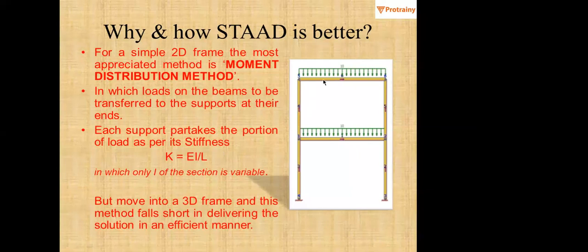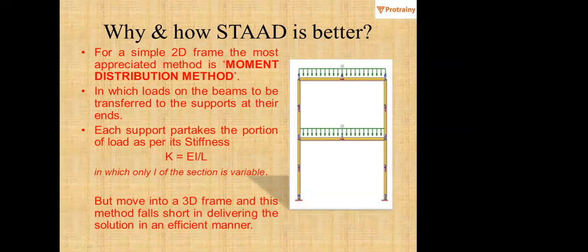You can transfer half of this load here, half of this load here, depending upon its stiffness, right? For example, if the stiffness of this column is X and the stiffness of this column is 1.5X, and this is the loading, then the stiffer your element is, the more load it is going to attract toward itself, right? Keep that in mind.